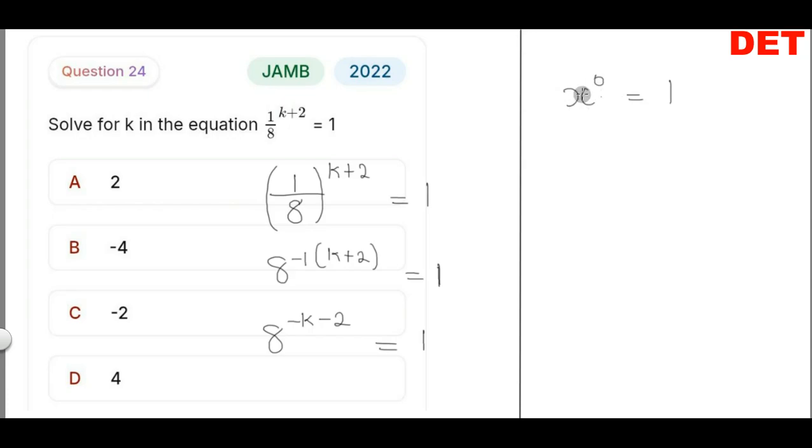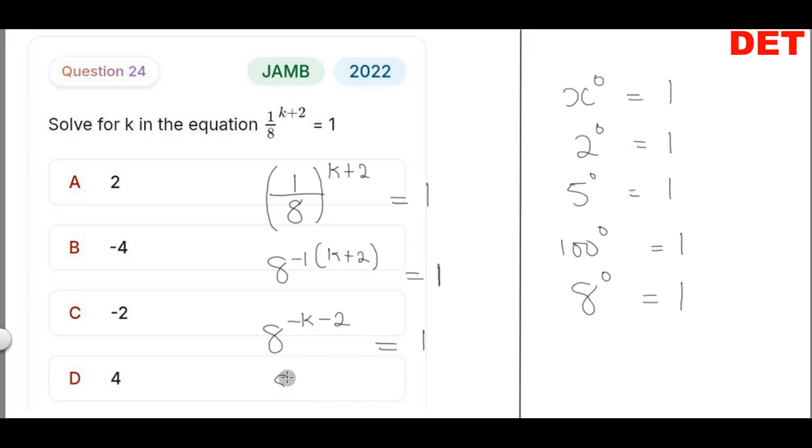In other words, anything raised to the power of 0 is equal to 1. So 2 raised to the power of 0 is equal to 1, 5 raised to the power of 0 is equal to 1, 100 raised to the power of 0 is equal to 1. So 8 raised to the power of 0 will be equal to 1.